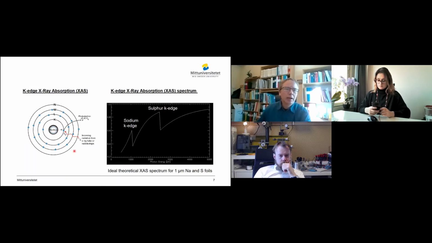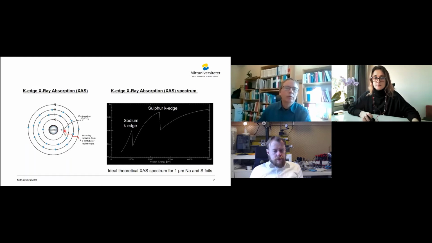You can look at different processes, but think about the photon passing through, and then you kick out the K-shell electron, and you need a photon with energy above this binding energy.